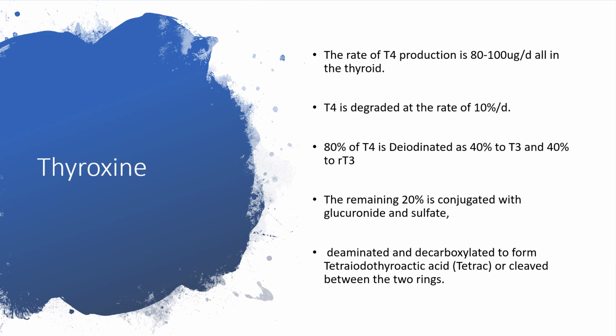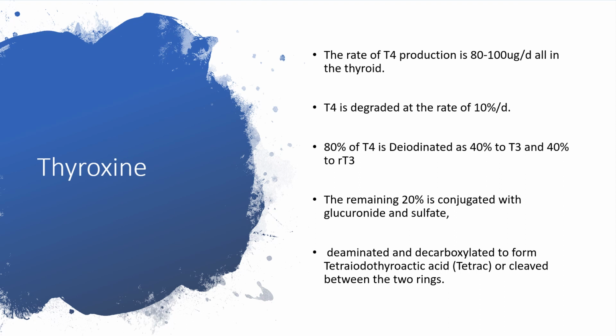T4 is degraded at the rate of 10% per day. 80% of T4 is deiodinated, 40% to T3 and 40% to reverse T3.